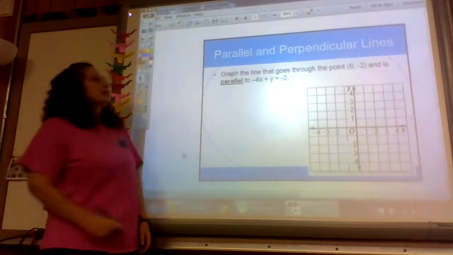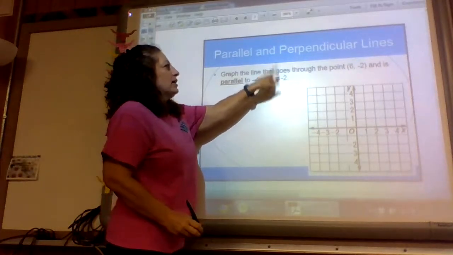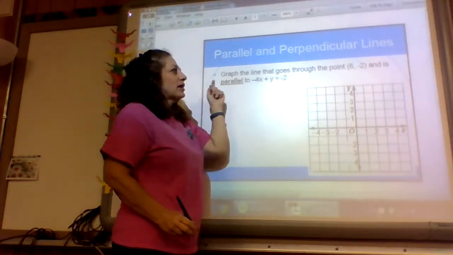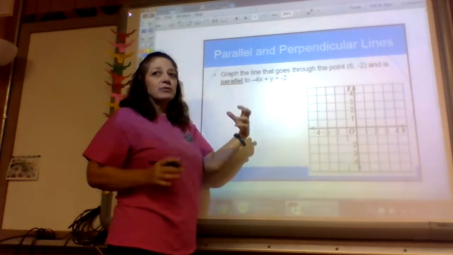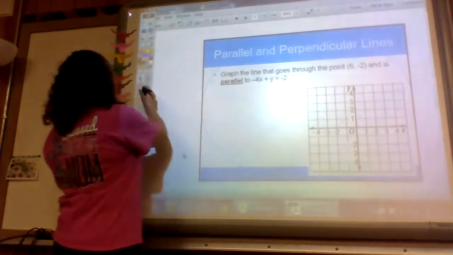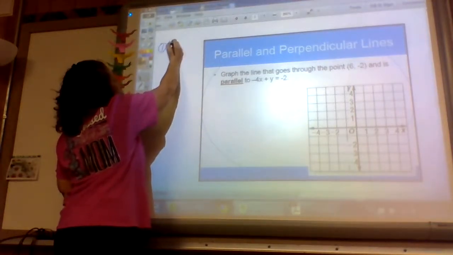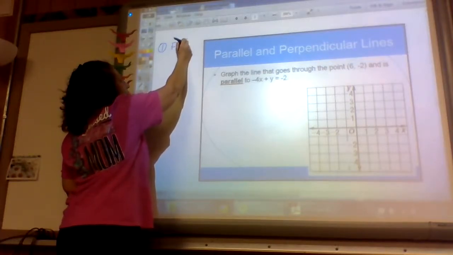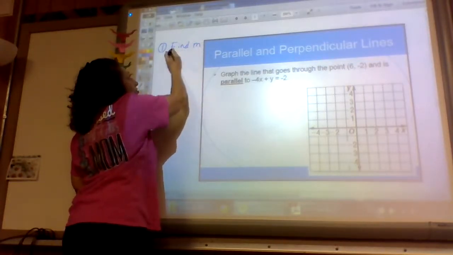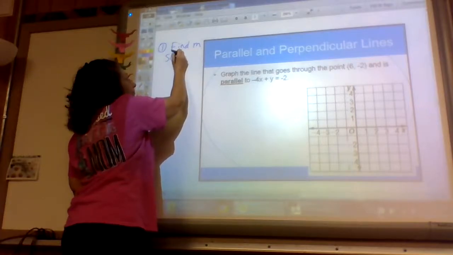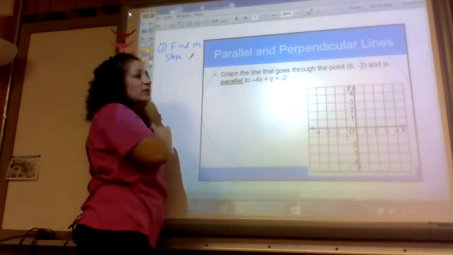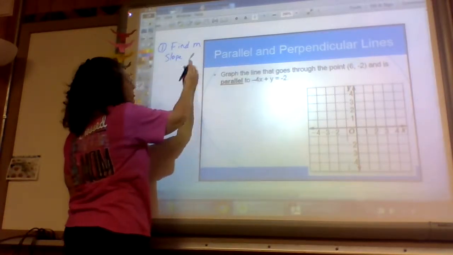Let's take this equation of a line right here, this point, and we're going to make a line parallel. I'm going to give you some steps that you can do on each of these. The first step is always going to be find your m, find your slope. So to make an equation of any line, find your slope.